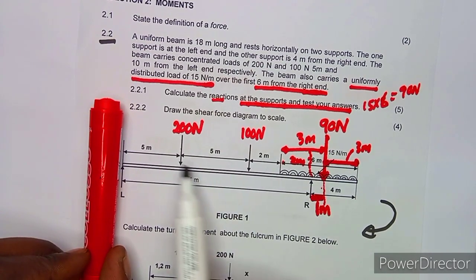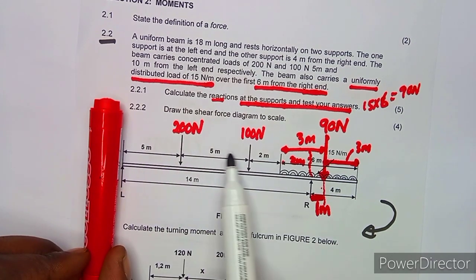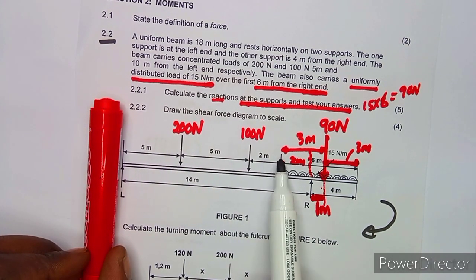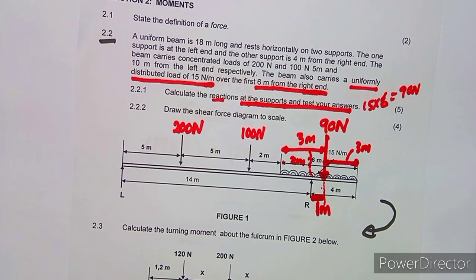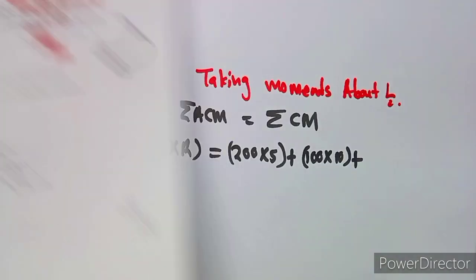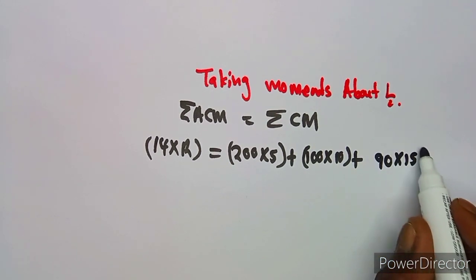This is important, guys. Let's add properly here from 90. This is 5 plus 5, which is 10. 10 plus 2 is 12. And 12 plus 3, we are adding this whole 3, is 15. So it's 90 times 15. You add the distance properly there.